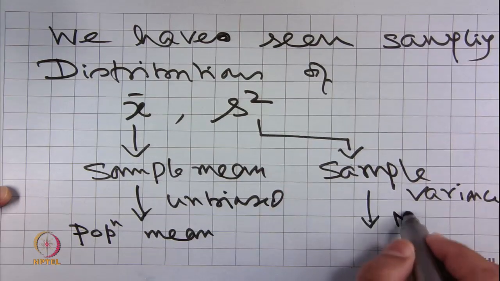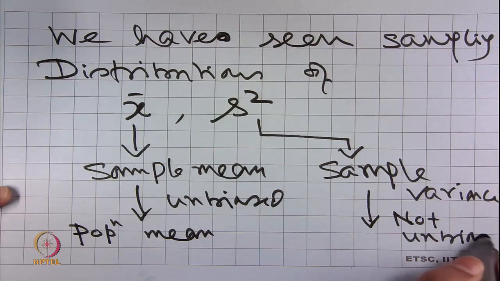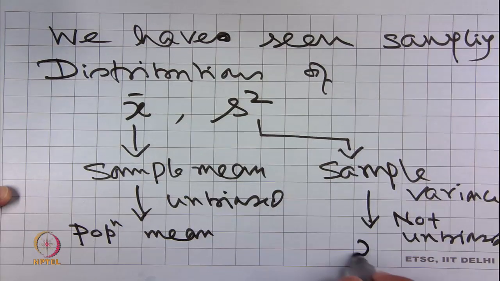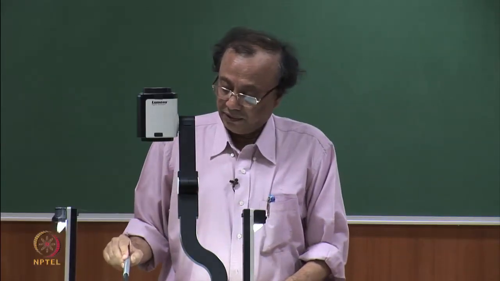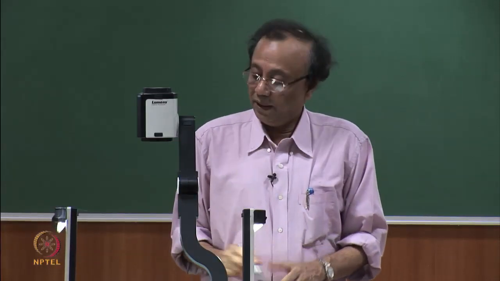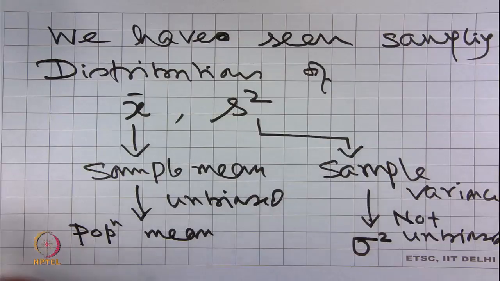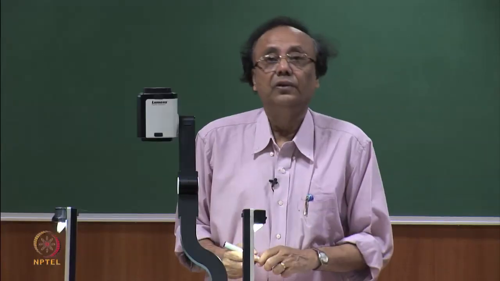S square is not unbiased for sigma square, which is the population variance, but a constant multiplier of sample variance will give an unbiased estimator for sigma square.